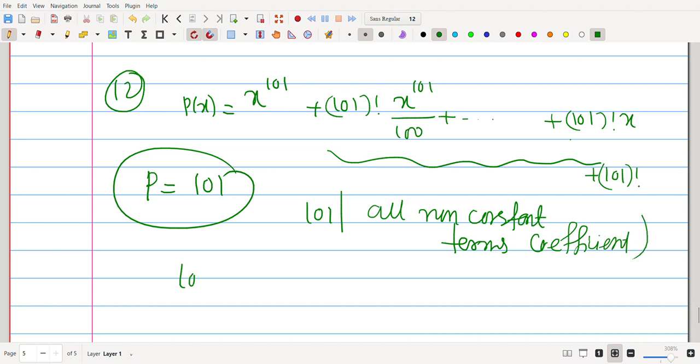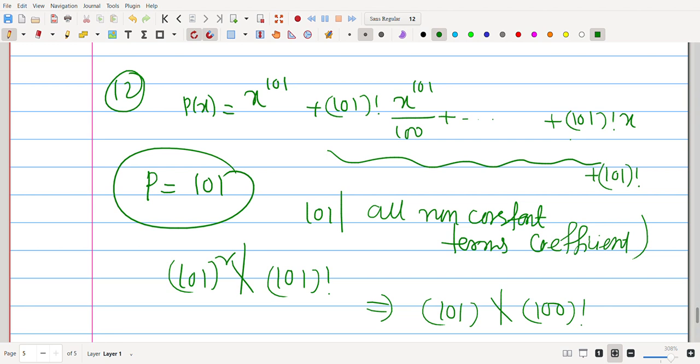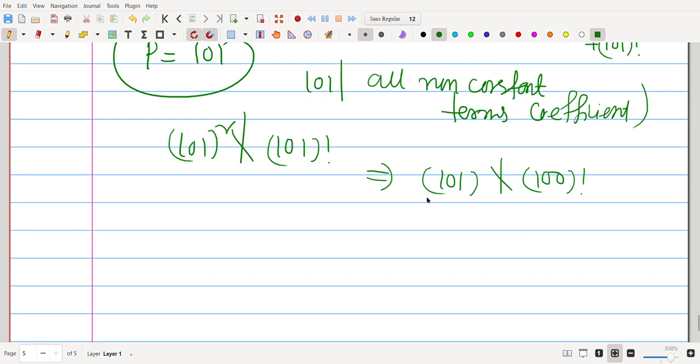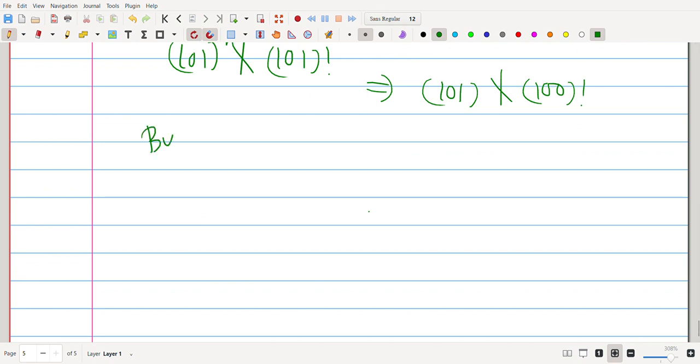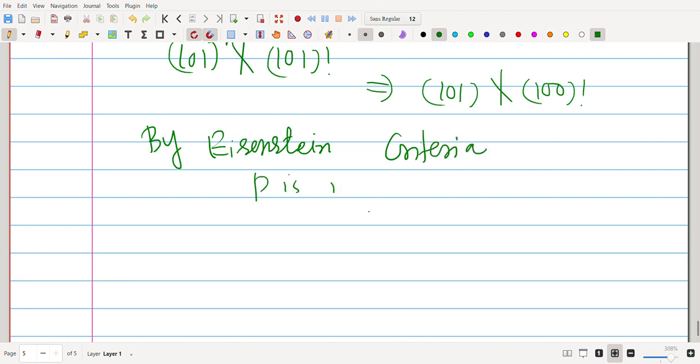And 101 square doesn't divide 101 factorial, because 101 doesn't divide 100 factorial, because 101 is a prime number, so it doesn't divide. So that means by Eisenstein criteria, P is irreducible.